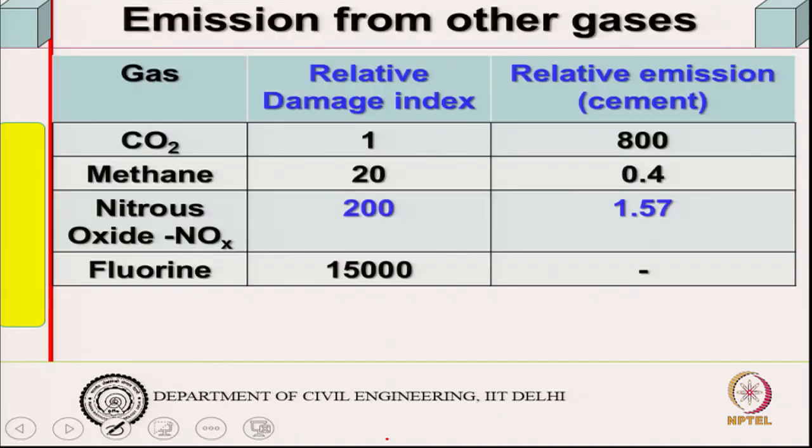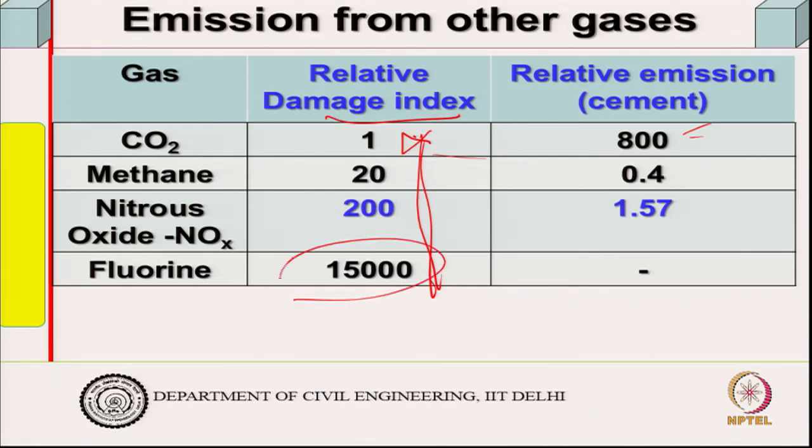And we know the greenhouse gas emission relative to other gases: the relative emission from cement is 800. If I take the emission relative damage index of 1 to this 15,000, the emission from cement is something like 800, as we have seen earlier in a table.